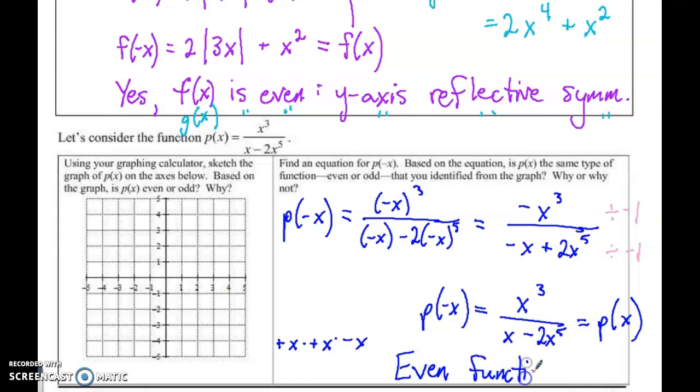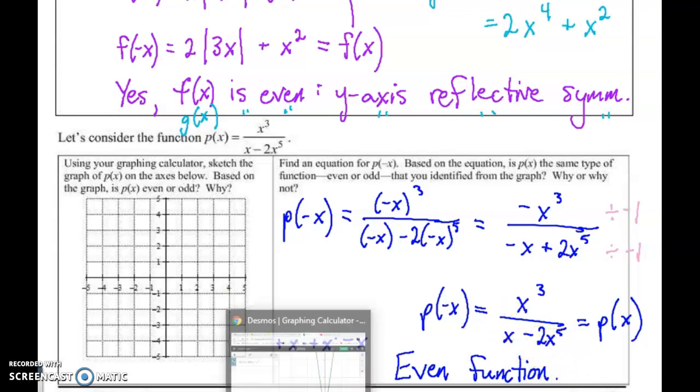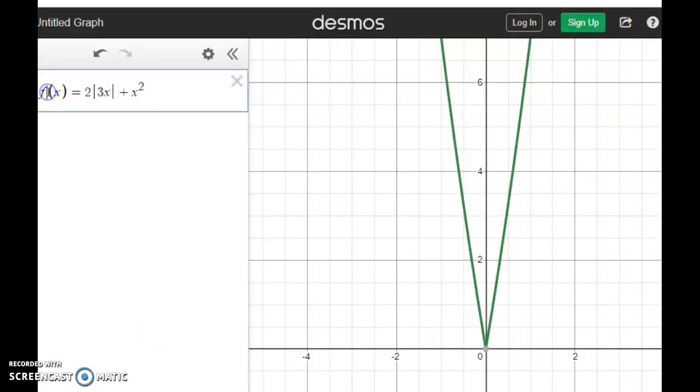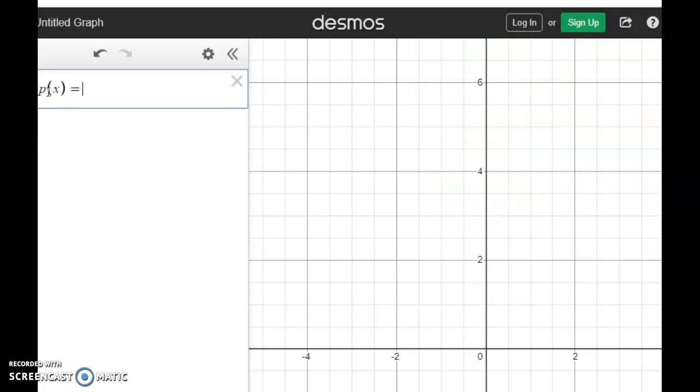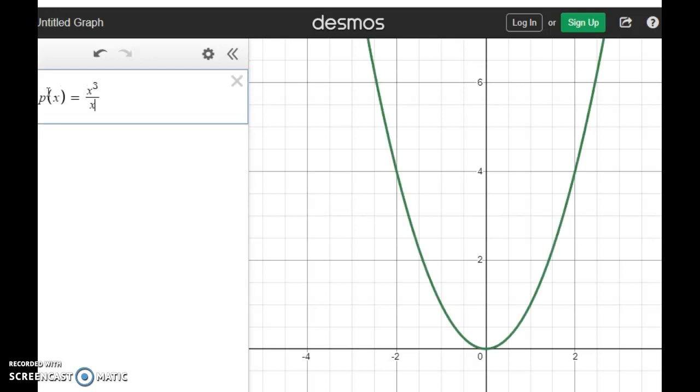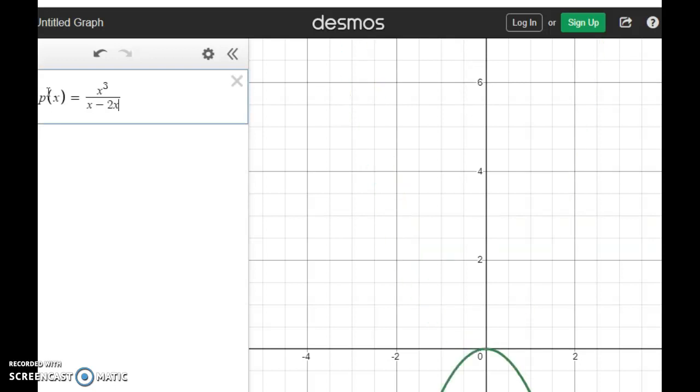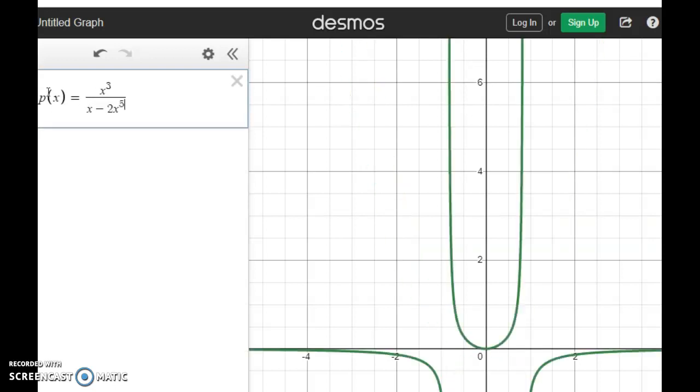And you can visualize that by using a graphing calculator or Desmos. And you don't have to change the name of it, but I will. Just delete all this. Make it a division, x cubed over x minus 2x to the fifth.